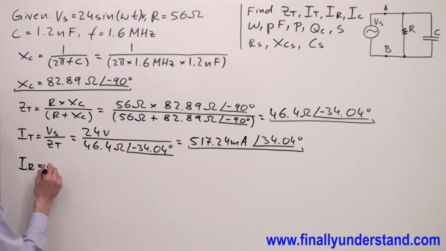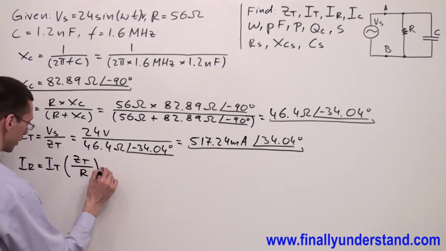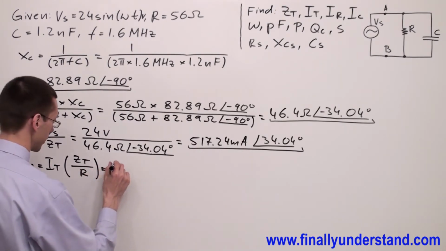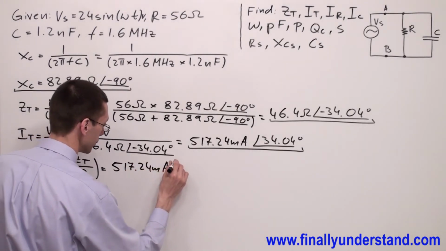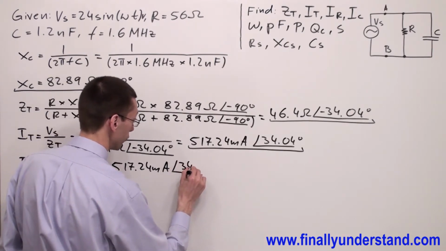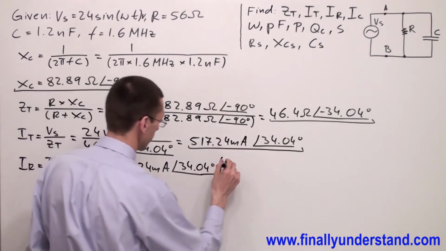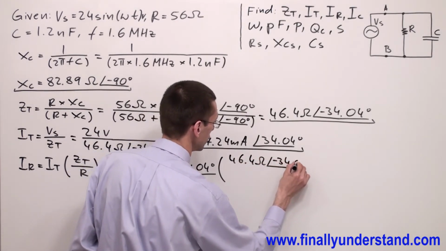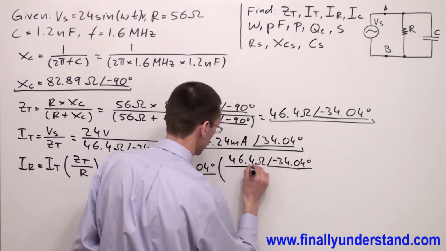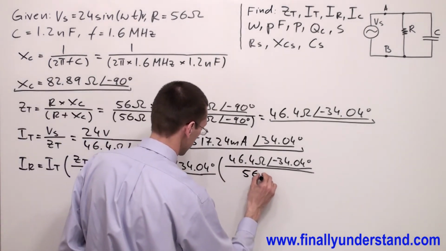Okay, so we have IR is equal to I total times Z total over resistance, where I total is equal to 517.24 milliamps and angle of 34.04 degrees times Z total, which is equal to 46.4 ohms and angle of negative 34.04 degrees, over resistance, which is equal to 56 ohms.